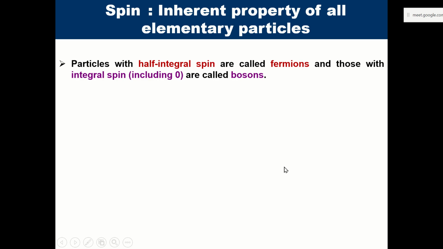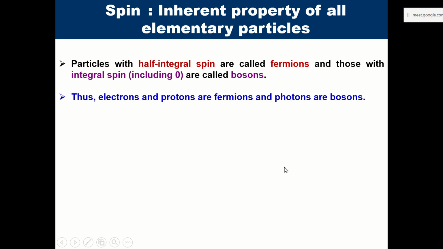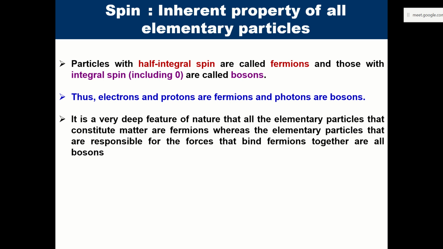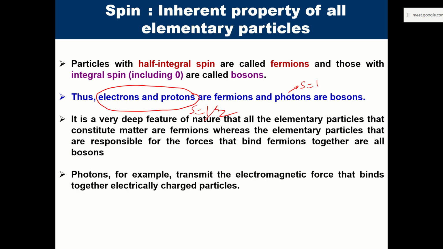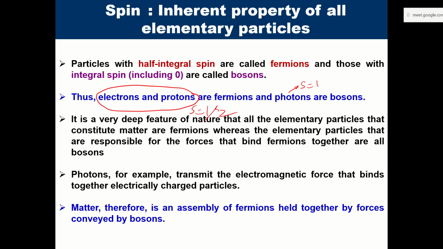So electrons and protons are fermions, photons are bosons. The spin quantum number for electrons and protons is 1/2, and here it is 1.